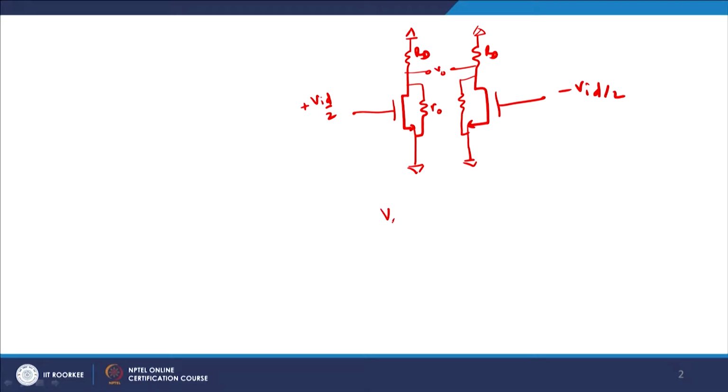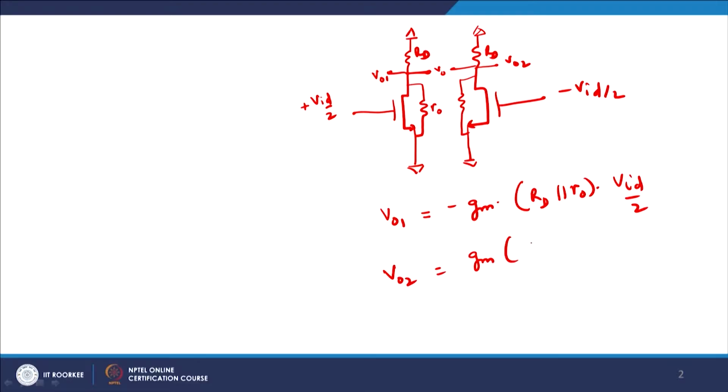You see V01 is this output, and this is V02. V01 will be minus GM times RD parallel to RO multiplied by VID by 2. Similarly, VO2 will be equal to GM times RD parallel to RO into VID by 2. It would have been minus, but since there is already a minus sign in the input signal, minus of minus becomes plus, and we take this into consideration.